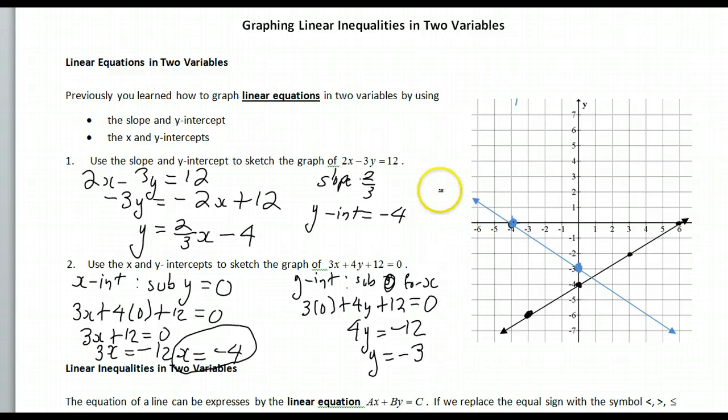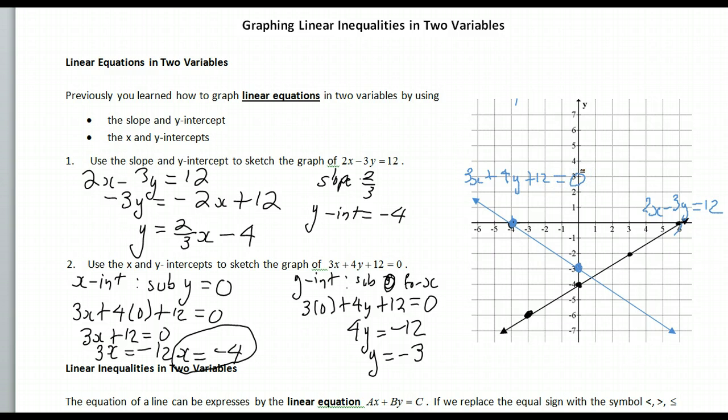So the first line we drew is 2x minus 3y equals 12. And the second line we drew is 3x plus 4y plus 12 equals 0.